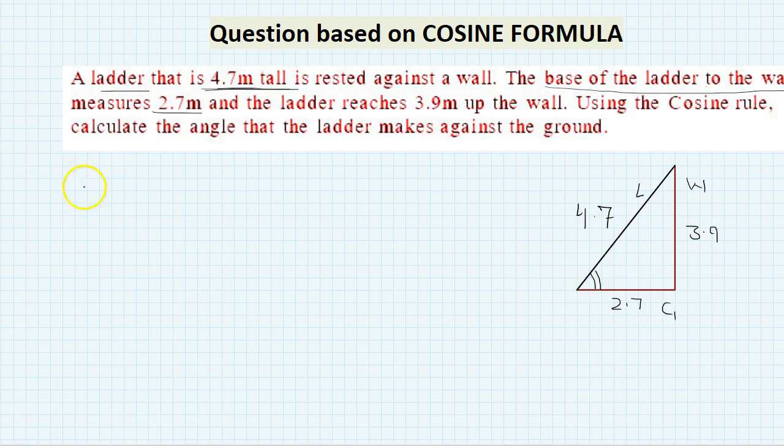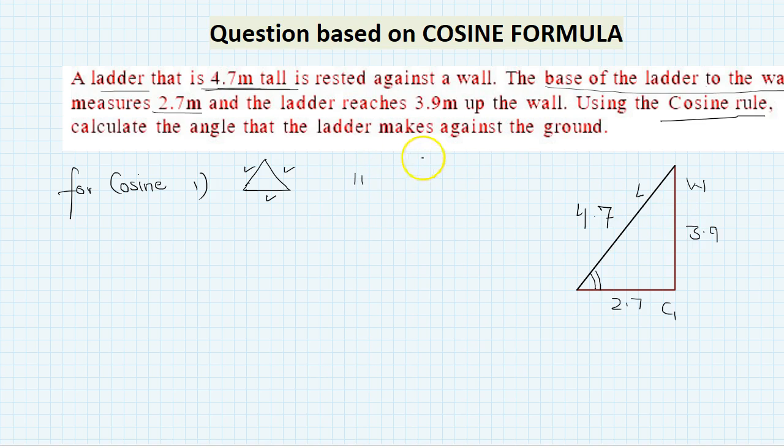Now to use the cosine formula, they have already told you to use it. If you don't know, there are two conditions when we can use the cosine formula. First is when all sides are given. So here all sides are given, so it is good to use the cosine formula.